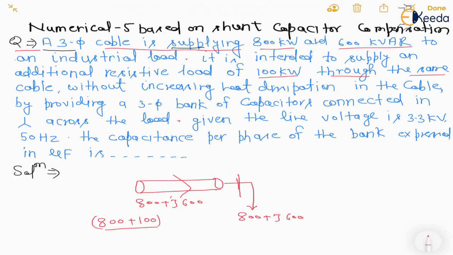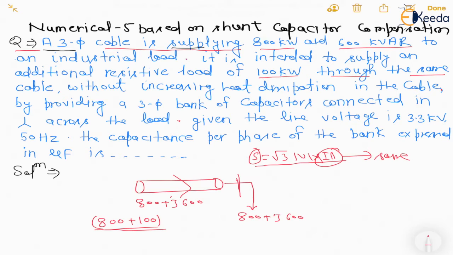Without increasing heat dissipation, it means S, which we know is root 3 into V into I, will not change even though the active power has changed. The heat dissipation will be the same, meaning I will be the same. If P is changing, then S needs to be constant.